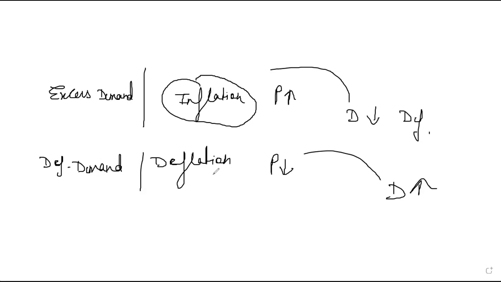But because of deflation, demand increases. I hope this is clear, Amos and everyone. Yes, teacher. Okay, great. So don't get confused. When it is written excess demand, it means you are going to bring inflation. And when there is deficit demand, you are going to bring deflation.